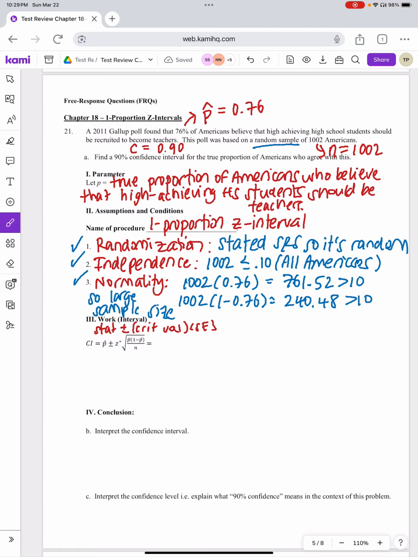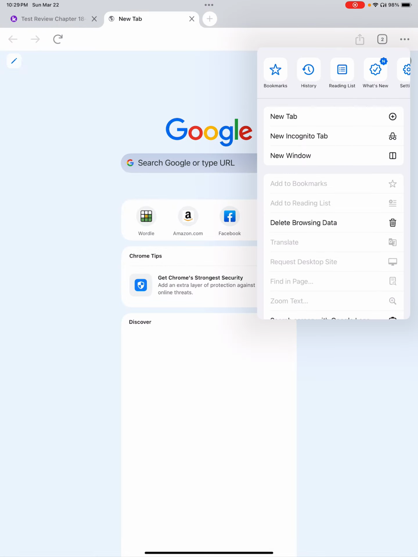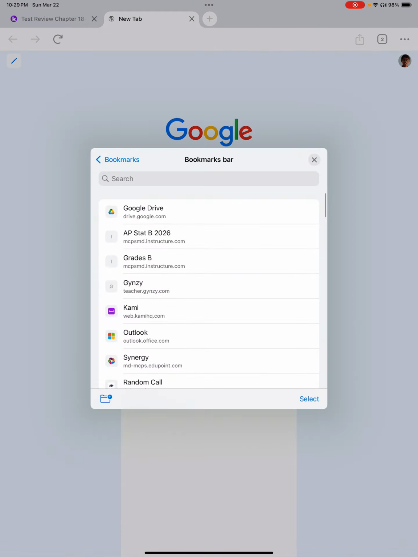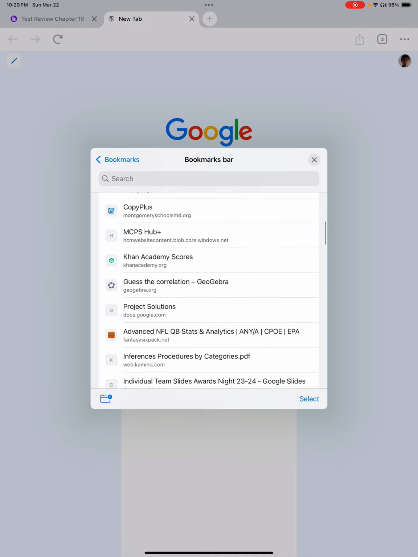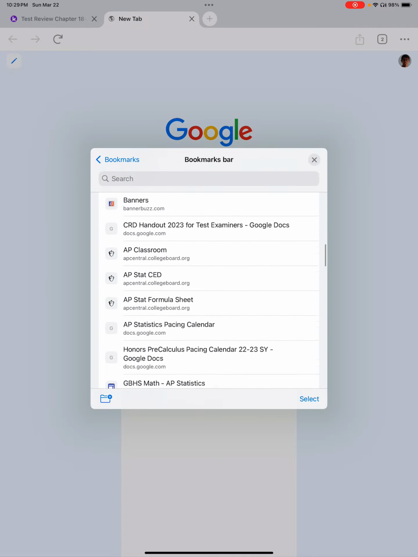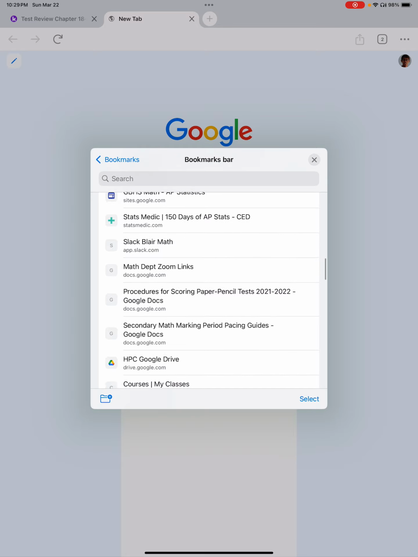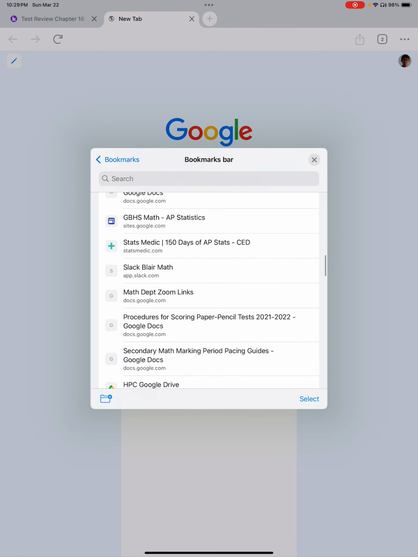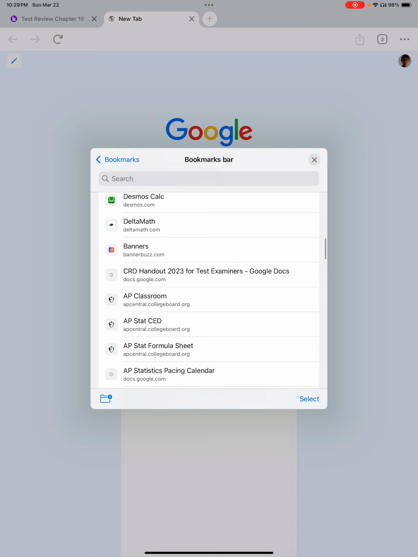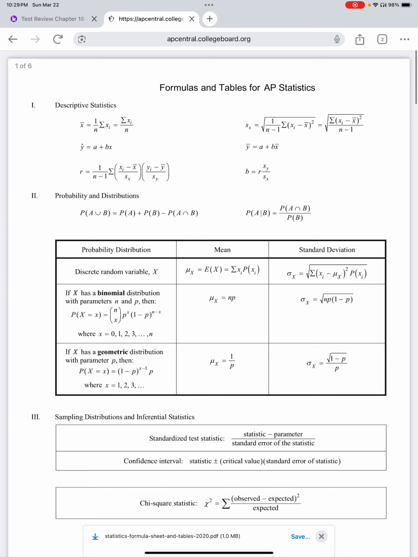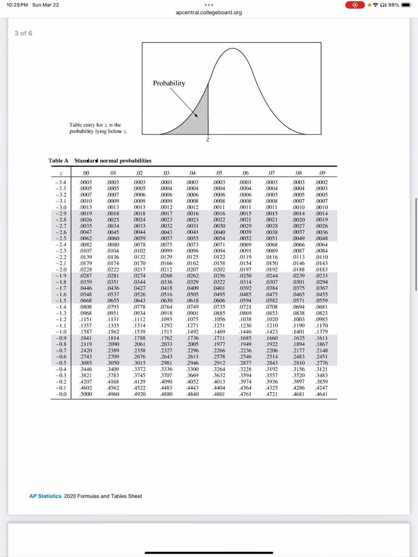Since our confidence level is 90%, we need to look at our formula sheet, table B. Look at 90%. The number right above it is 1.645.